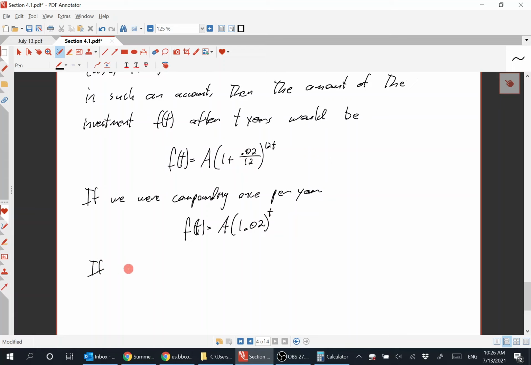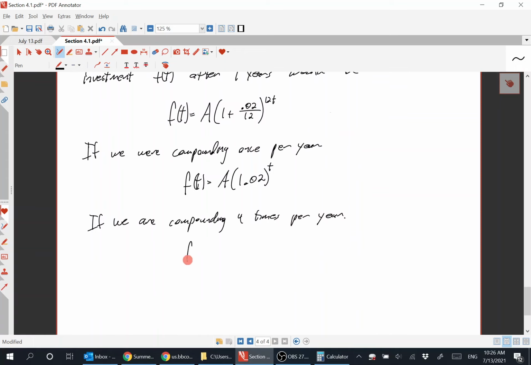If you're compounding 4 times per year, in other words quarterly, it would look like this. F of t is a times (1 + 0.02/4) to the 4t.